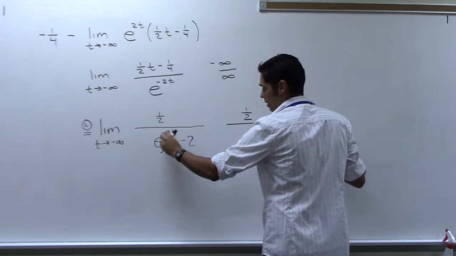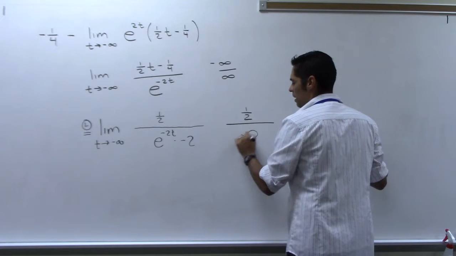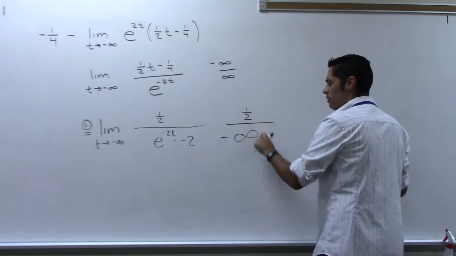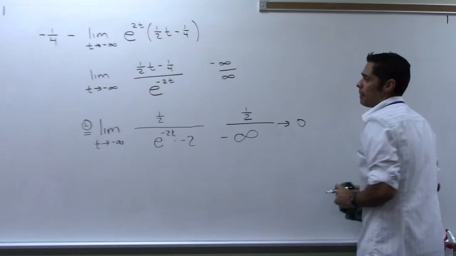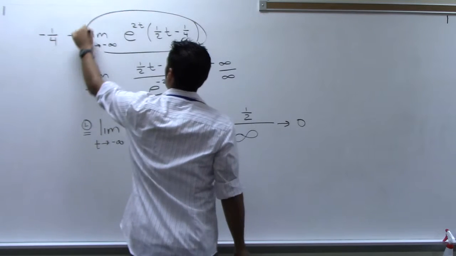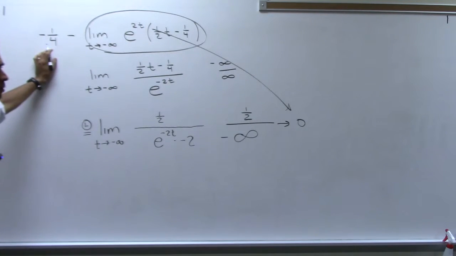That's going to become huge times negative 2. It's still huge. This thing is becoming infinite. Well, it's actually negative, but it doesn't matter. You have a fixed number over infinity. That thing goes to 0. So what I know is that this whole limit right here goes to 0, which means that my answer is negative 1/4.